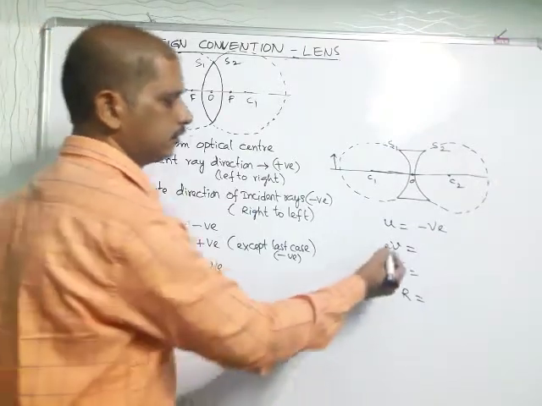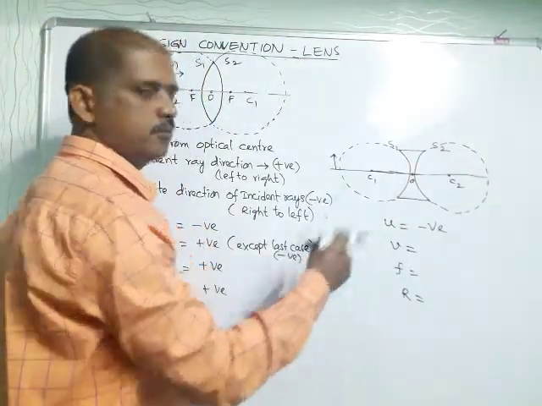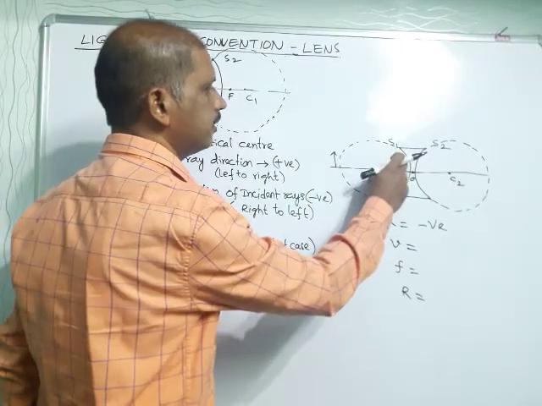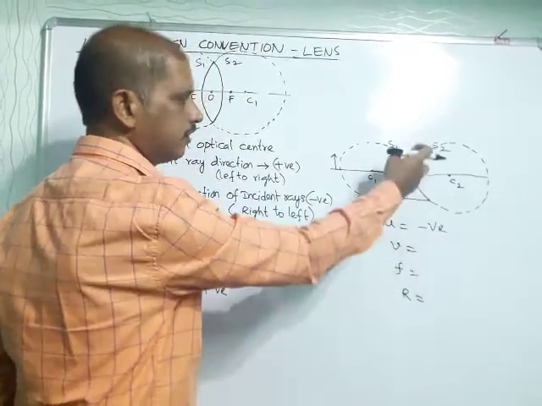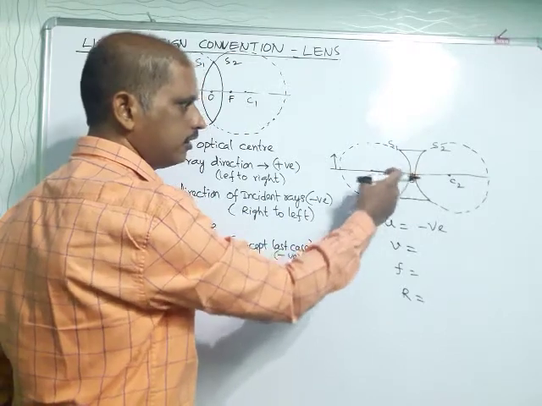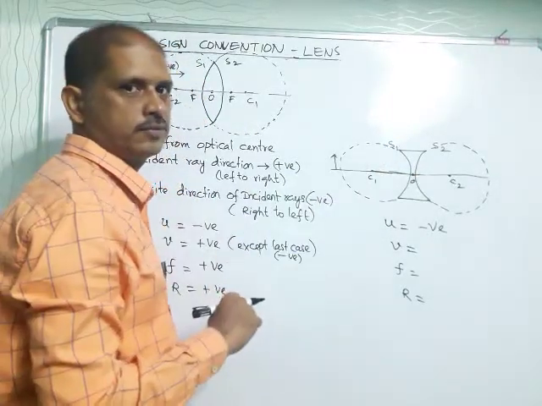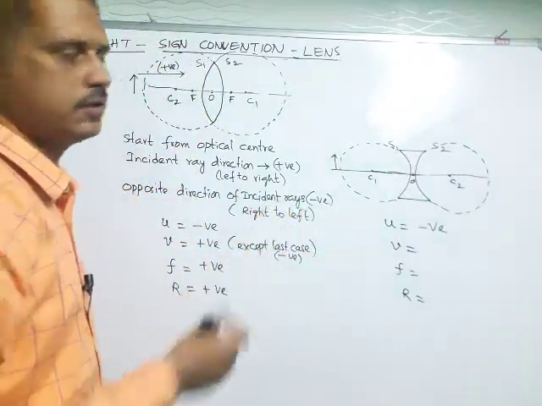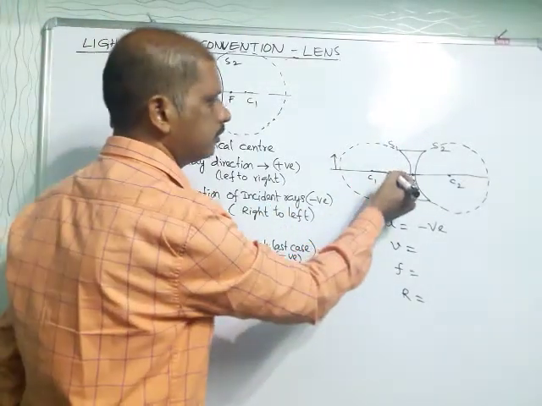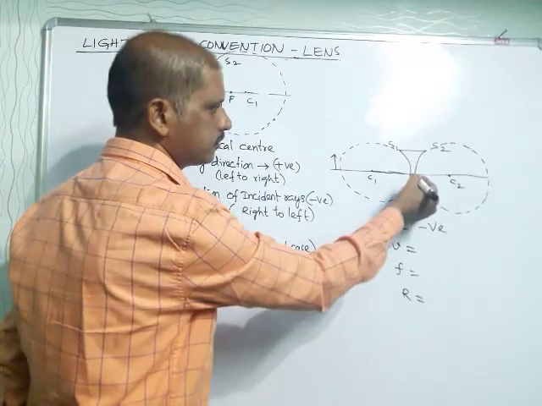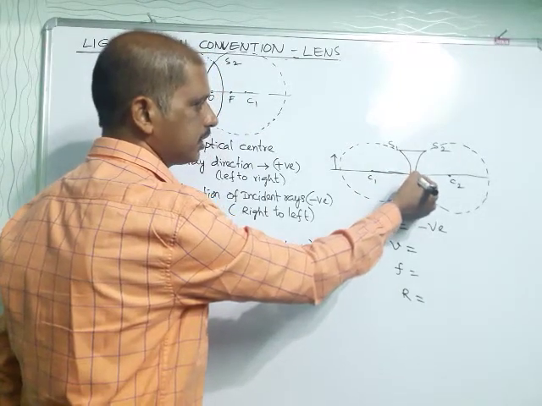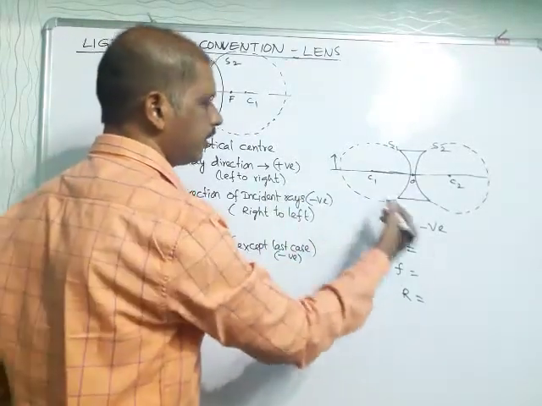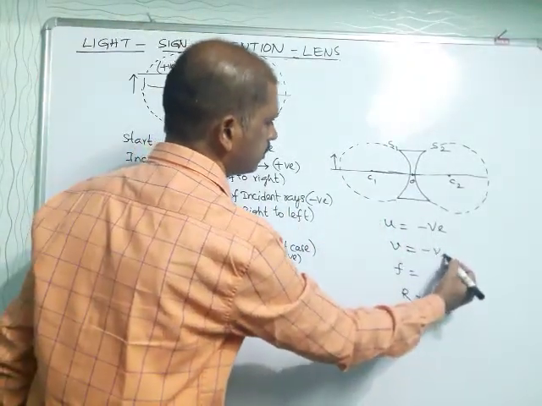Now V, the image distance: where will the image be formed? When the object is here, the incident rays diverge like this, and the image forms in front of the lens only. Here the image is formed, which is virtual and diminished. So the image is formed on the left side, so you move from the optical center right to left, which means negative.